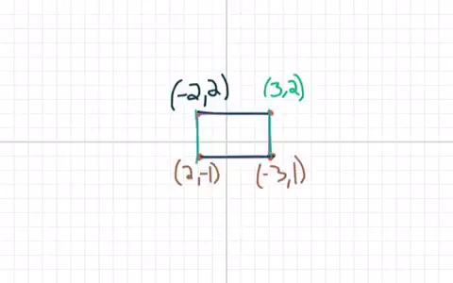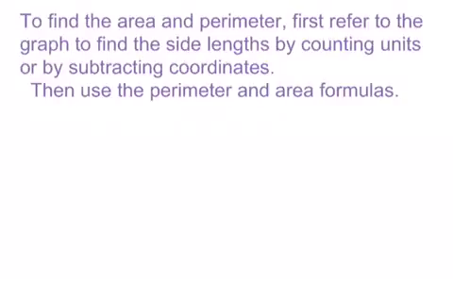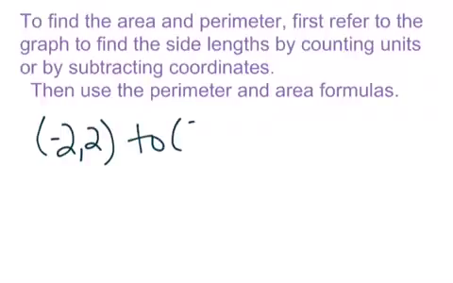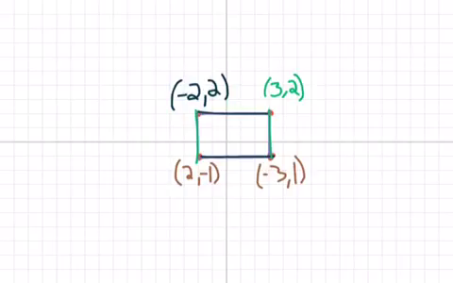So for the horizontal, I want to find the side length from (-2, 2) to (3, 2). That is going to be the same as (2, -1) to (-3, 1), because they're equal sides, since it's a rectangle.